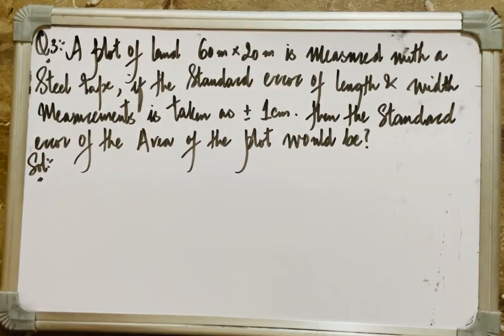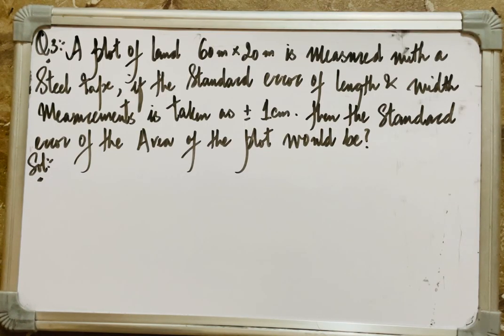All right. So the question is, a plot of land 60 meters cross 20 meters is measured with a steel tape. If the standard error of length and width measurements is taken as plus minus 1 centimeters, then the standard error of the area of the plot will be.